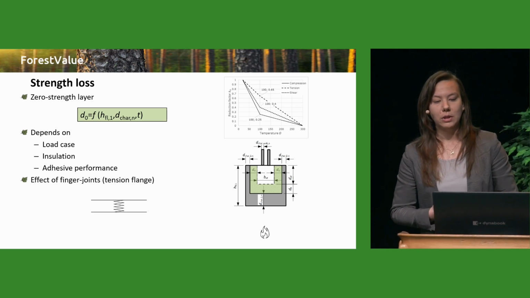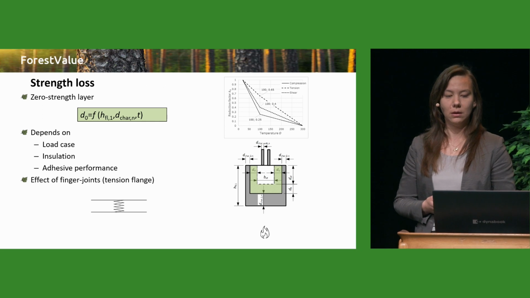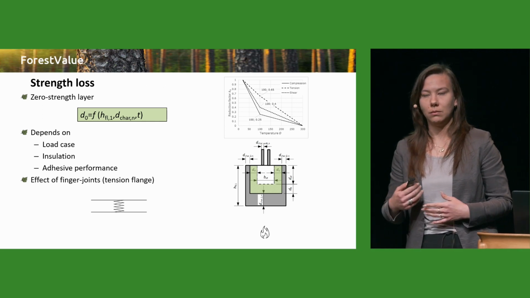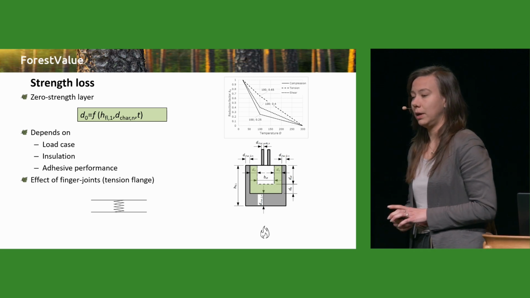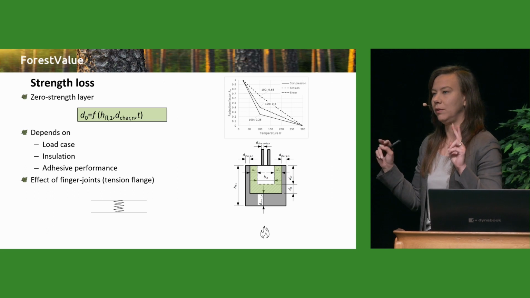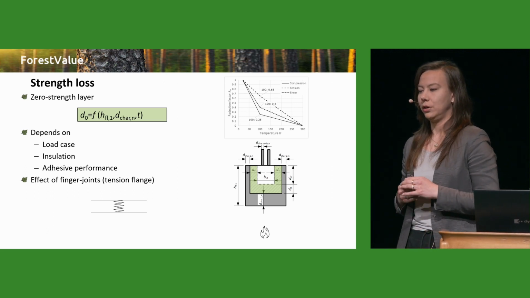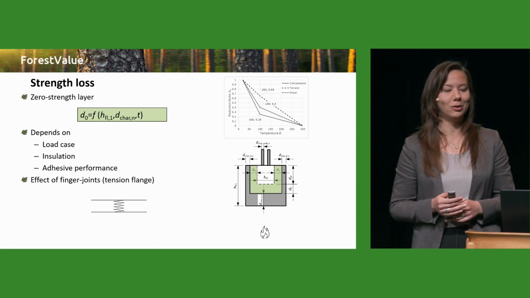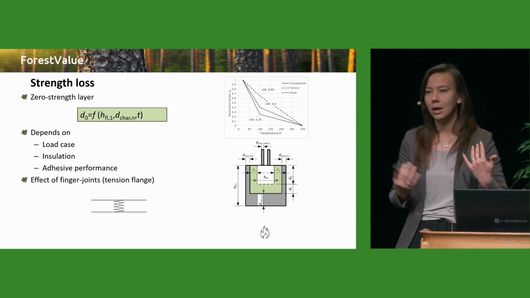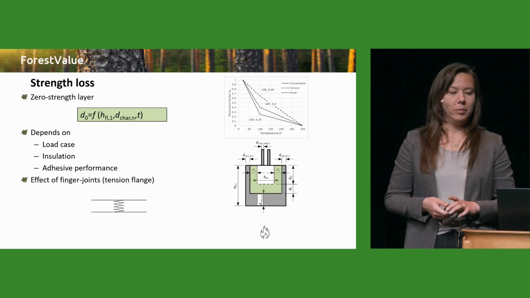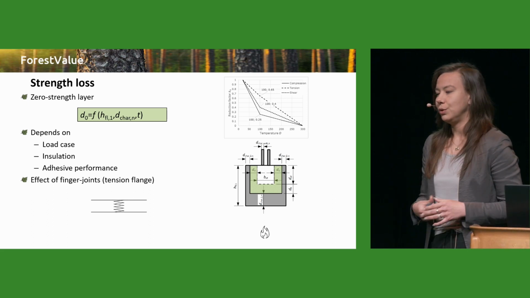So the reduction of strength, as a simplification here, is considered in the design model by a zero strength layer, which is a kind of fictive additional char depth, and the depth of the zero strength layer depends on the load case. So if it's a bending member or a compression member, and depends on the type of insulation used, for example.